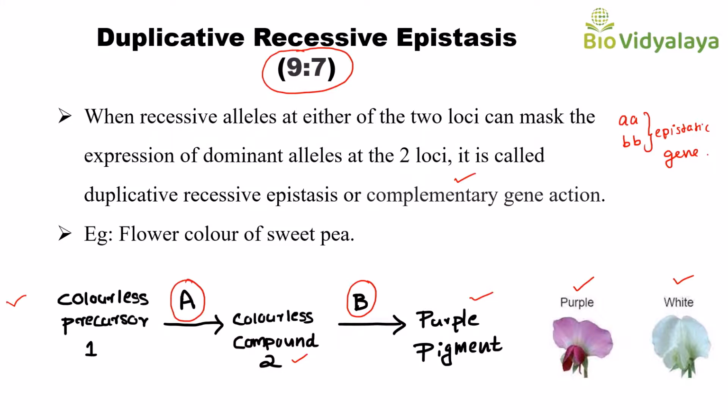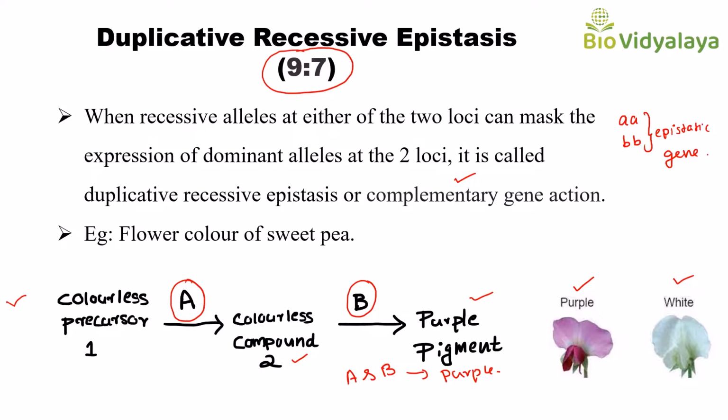Okay. So, here you have to remember that both the dominant forms of the gene A and B are necessary to show purple color.